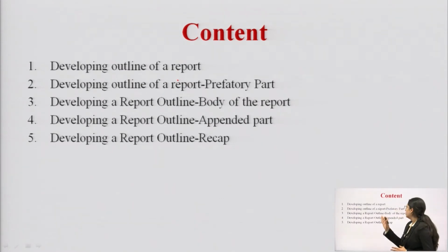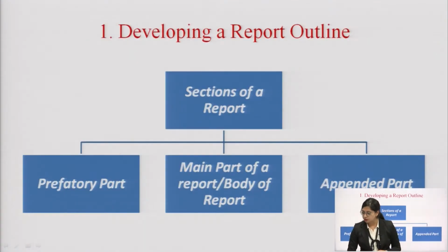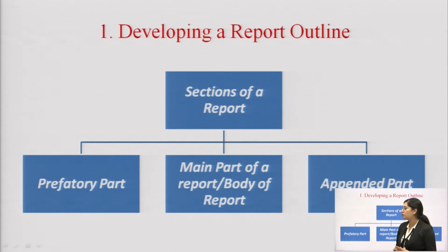We will also be understanding developing the outline in three major parts: the prefatory part, the body of the report, and the appended part, and after that we will understand all the three parts in complete detail. Students, moving on to the first part, let me first take you to the three sections of the report. Whenever you are making a report, it has to be divided into three effective sections.